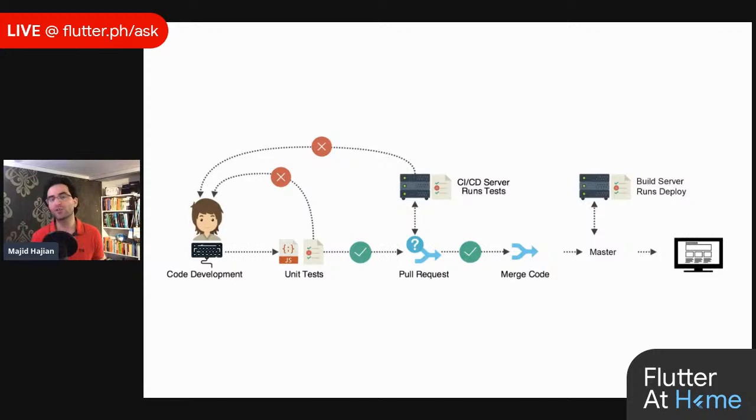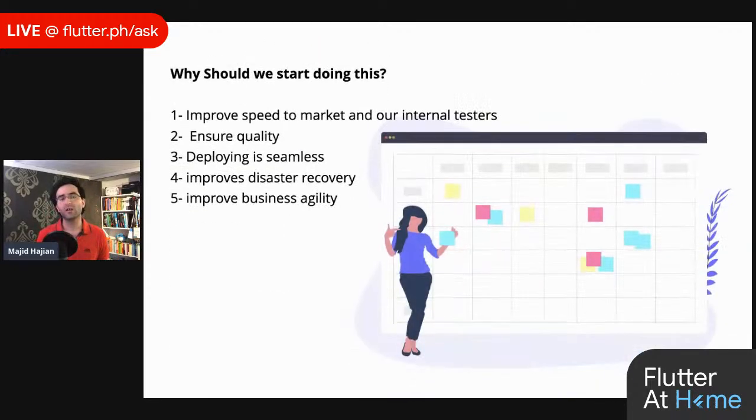You start writing your unit tests, you push, and it goes to CD/CI, which you maybe set up, and then if it fails, you cannot merge it with develop or master. These are the things that we usually do when we develop an application, right? And it's fine. You can use any CD/CI for your application.